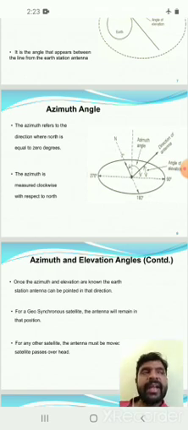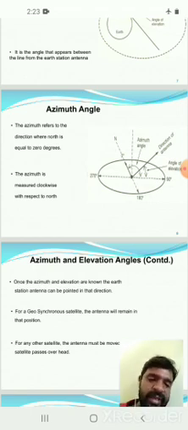Then the satellite is pointed to from the Earth station, and we know at what angle it is from Earth to satellite, or how much distance from Earth station to satellite. For a geostationary or geosynchronous satellite, the antenna will remain in position. So the Earth station antenna and satellite antenna are aligned, then only we can transfer the information.